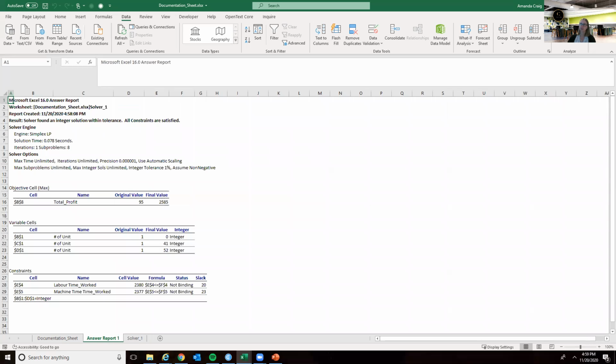And then this is my answer report for my first solver. And that'll show you what the constraints were, the variable cells, what their original value was, what the final value was, and of course, what our original value on our profit was, as well as the final value on that.